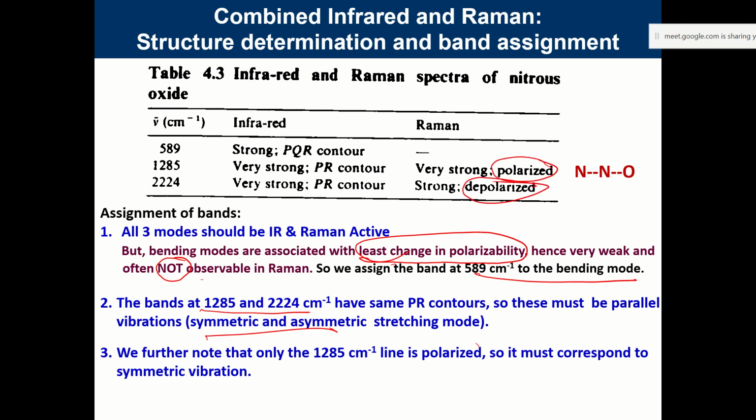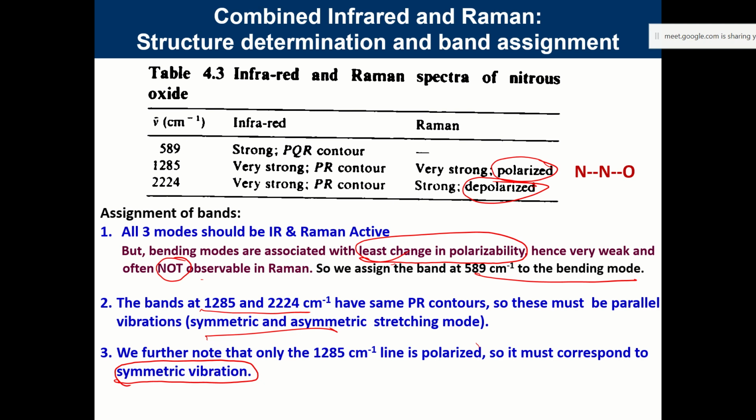What does this mean? If the Raman lines are polarized, that means it must be a symmetric vibration. Or if one is partially polarized and another is showing complete polarization, then also you are moving to a greater symmetry.